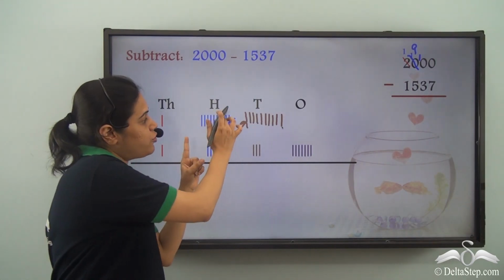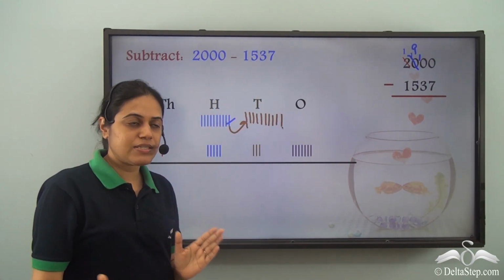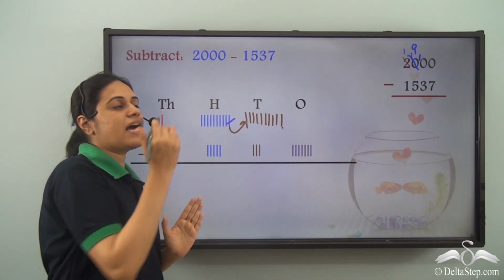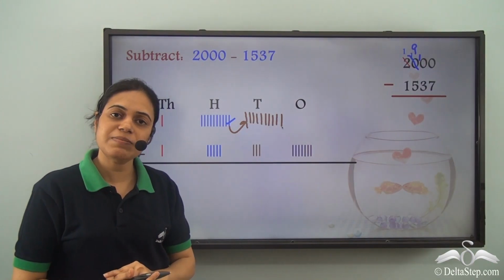Now when I bring this 1 here, it will again break down into 10 parts. So we have 10 tens and 9 hundreds now.